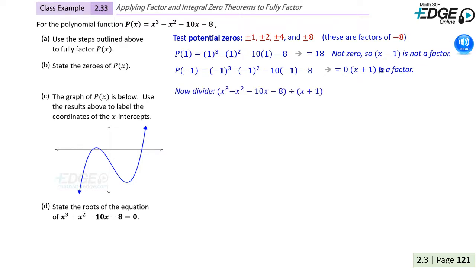At this point, we can factor our cubic by dividing out x plus 1. We need to do more than just the remainder theorem because we actually need the quotient here. Let's use synthetic division. We write the coefficients of x cubed minus x squared minus 10x minus 8 and write the 0 of the divisor, which would be negative 1.